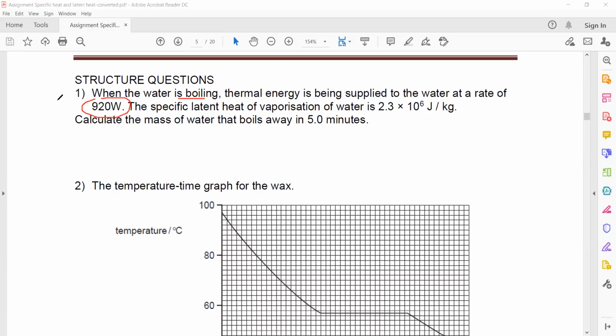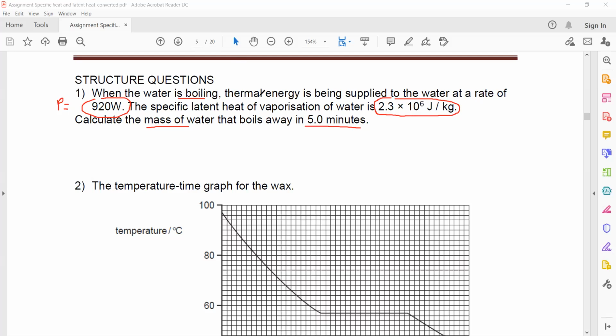So power is given. The specific latent heat of vaporization is 2.3 times 10 to the power 6 joules. Calculate the mass of water that boils away in 5 minutes.